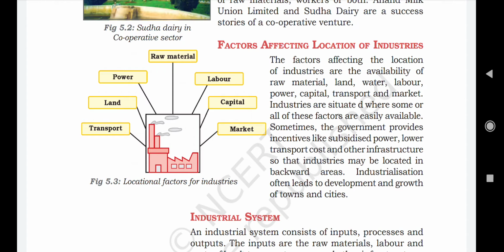If any particular industry is established in those backward areas, then the people living there get employment, they get some salary, and their living standard and per capita income will change.